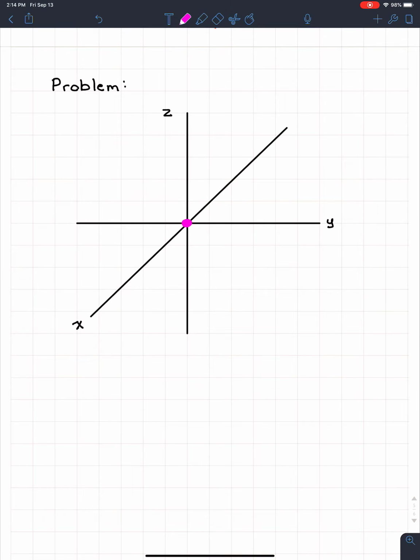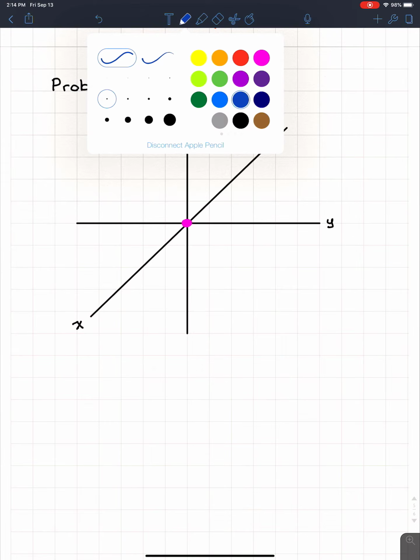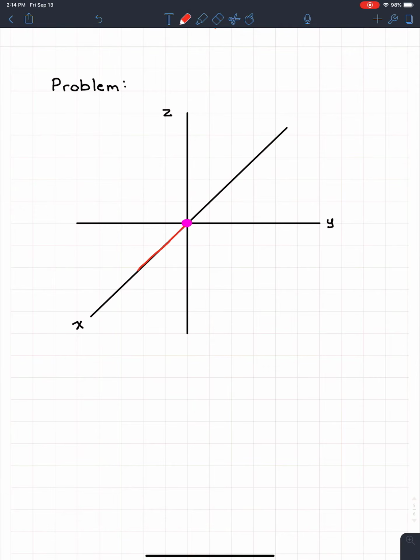From there, I can draw all my forces. Just from what I remember, there was a force going along the x-axis, and I'm going to choose a brighter color so it sticks out more. I'm going to do the forces in red. So there was a force along the x-axis, and I remember there was a force going straight downwards on the z-axis.